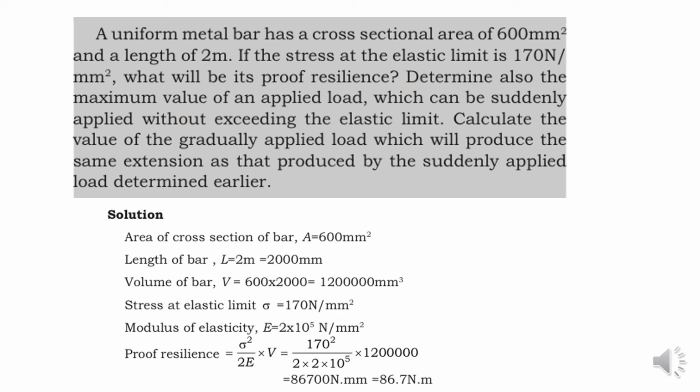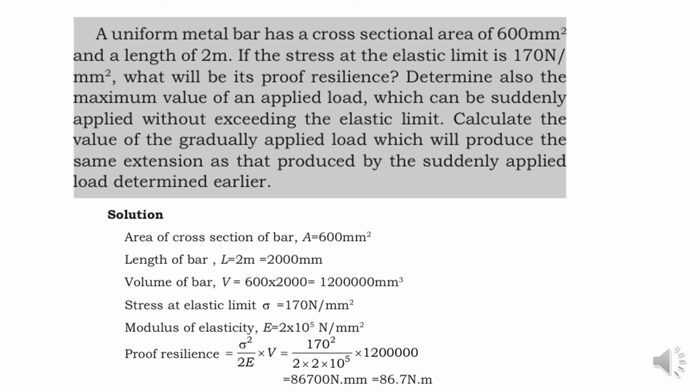We already know there are three kinds of loading: sudden loading, impact loading, and gradually applied loading. So in this first case, the load is suddenly applied. Next is to calculate the value of gradually applied load which will produce the same extension as that produced by the suddenly applied load determined earlier.